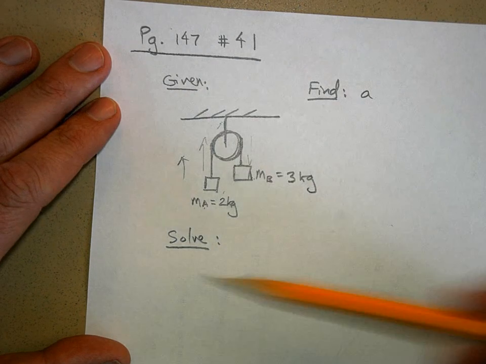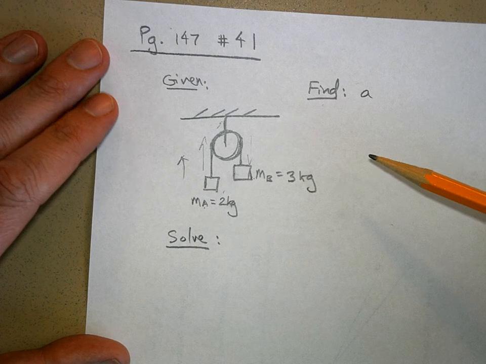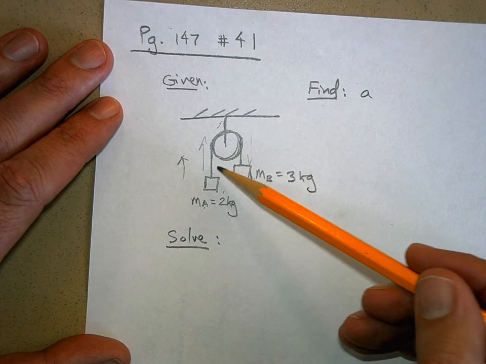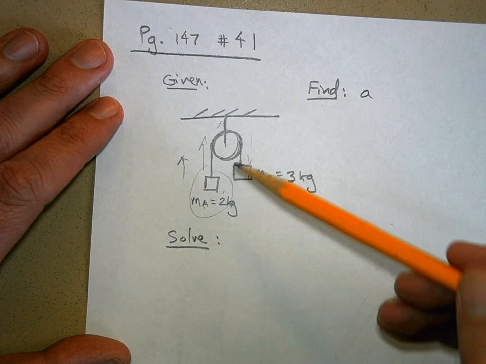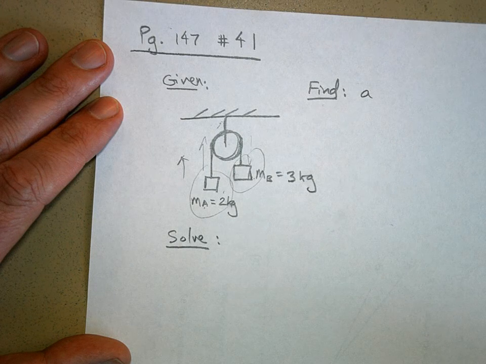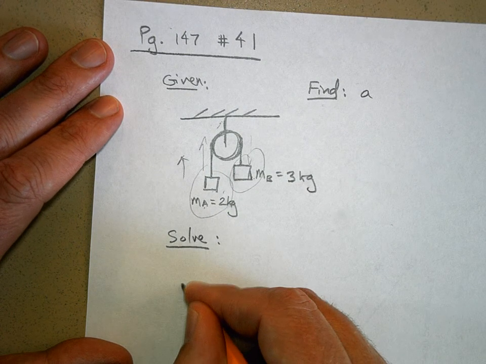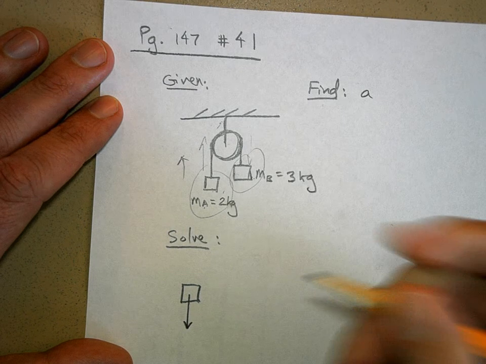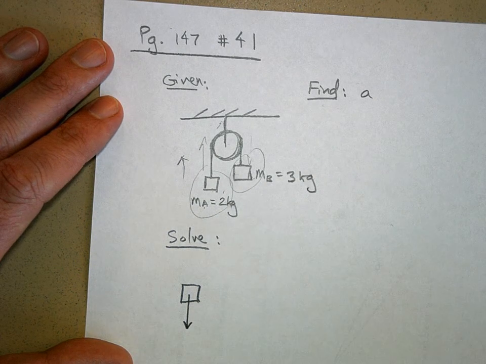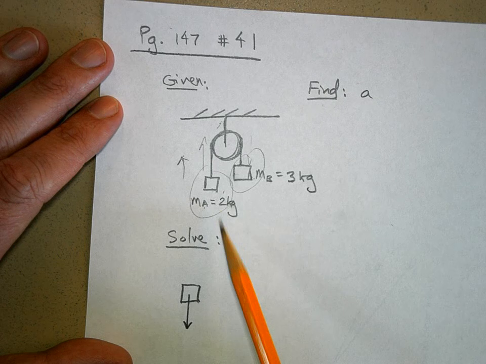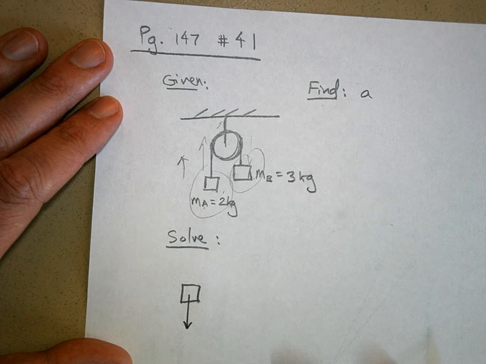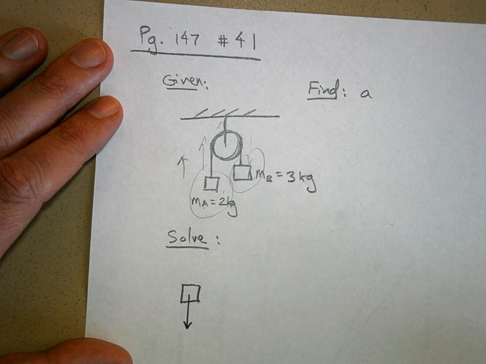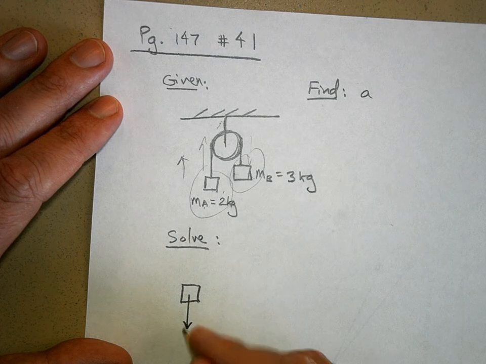Now, this is kind of our pictorial model of it that they were asking for. What I'm going to do now is draw a free body diagram of this guy and a free body diagram of this guy. So let's draw a free body diagram of the 2 kilogram mass. So here's mg. The mg here is 2 times 9.8, which is 19.6 newtons.